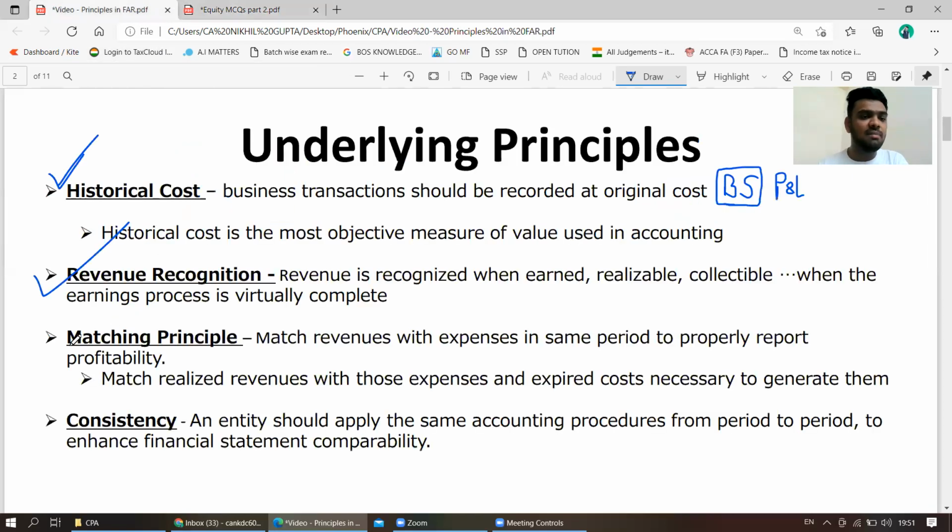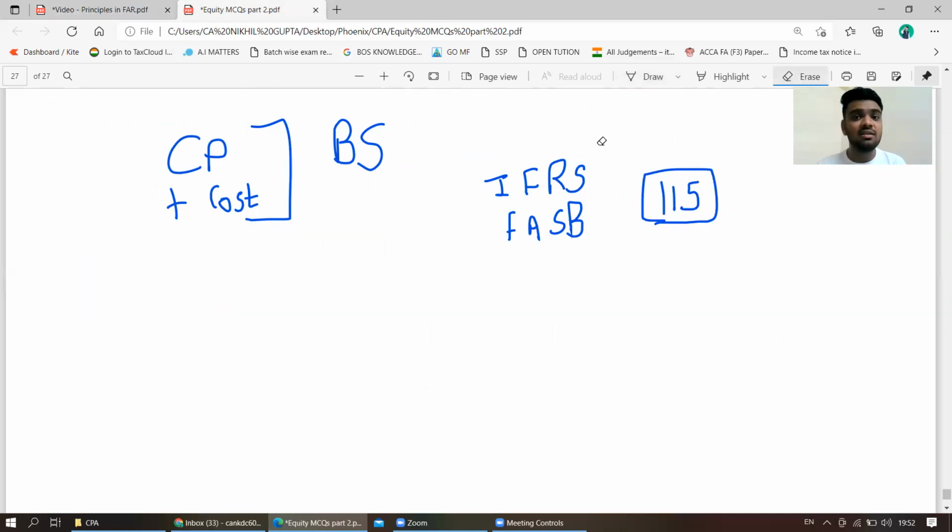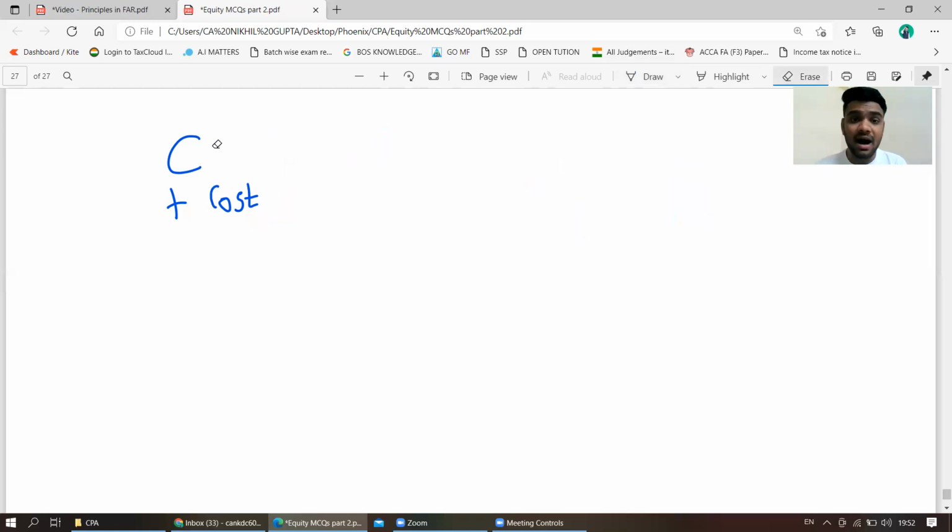Now, friends, we are talking about the matching principle. The principle which states that in the current year, the expenditure and the revenue earned in the same year should be accounted. Same line, the closing stock is reduced from the current year cost of sales. Why?